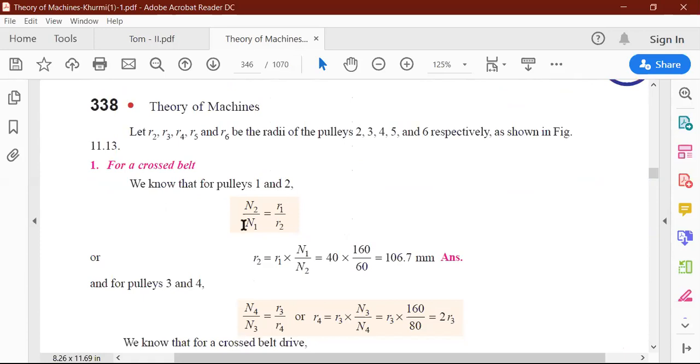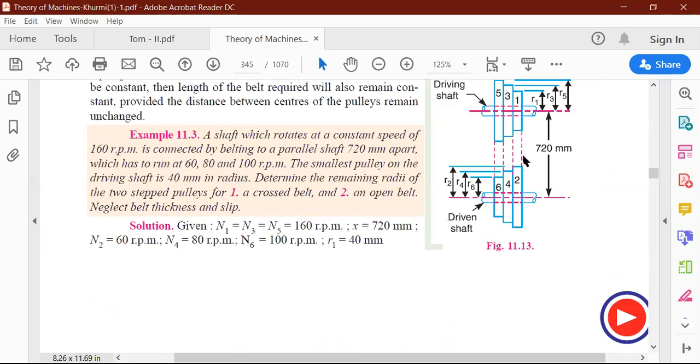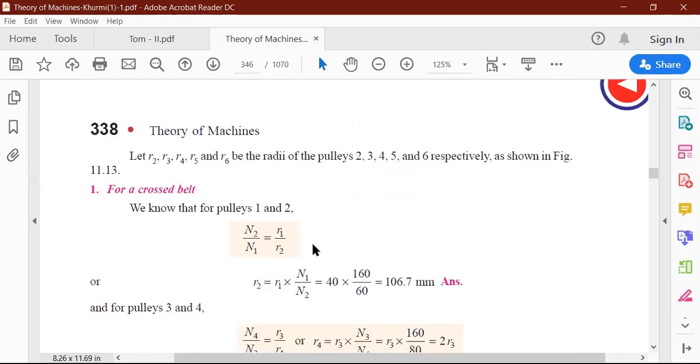Okay, then for cross belt drive, now we have one formula, that is the speed ratio. By applying this formula for the first and second pulley, we can write N2 divided by N1 is equal to R1 divided by R2.